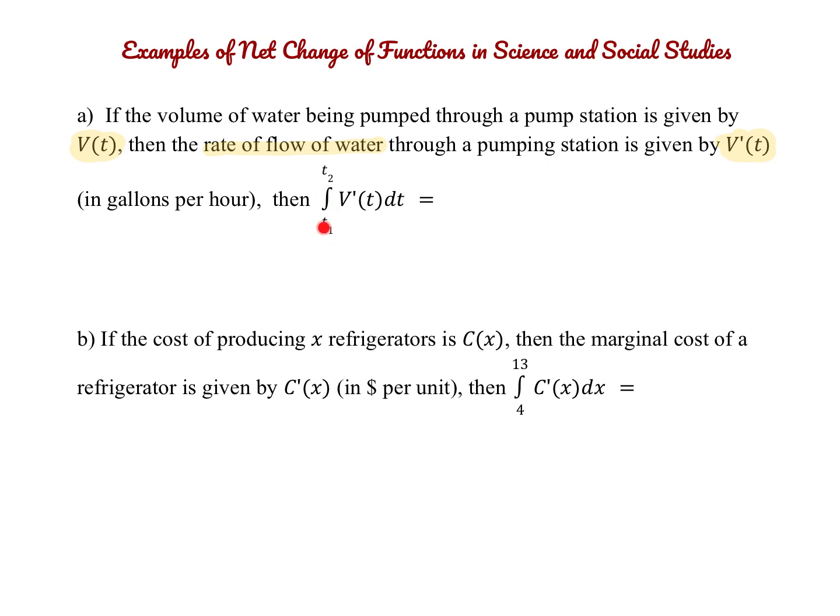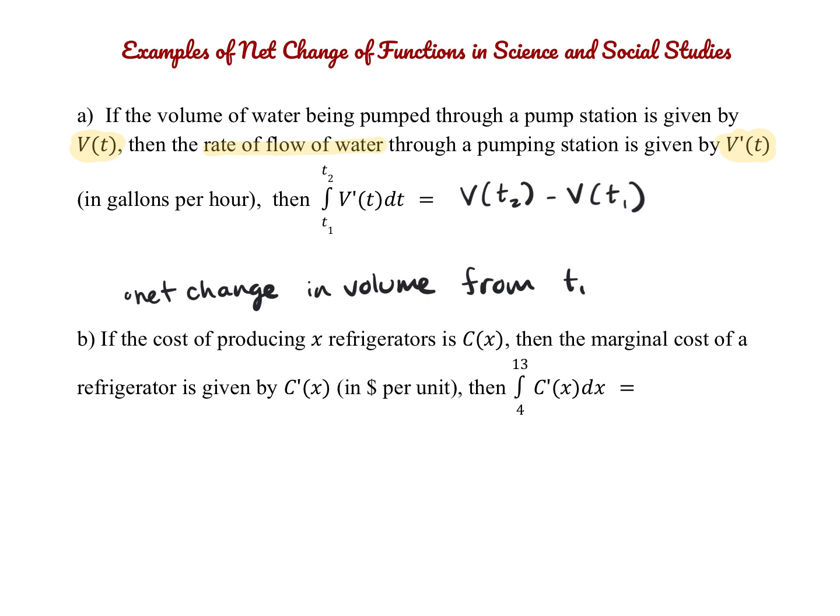Then if we have the integral from t1 to t2 of V prime of t dt, we know that the antiderivative of V prime of t would be V of t, and evaluating that using the fundamental theorem of calculus part 2, it'd be V of t2 minus V of t1. So what does that mean in real life? Well, that would be the net change in volume from t1 to t2. It's essentially your volume at t2 minus the volume at t1, and that would be in gallons.